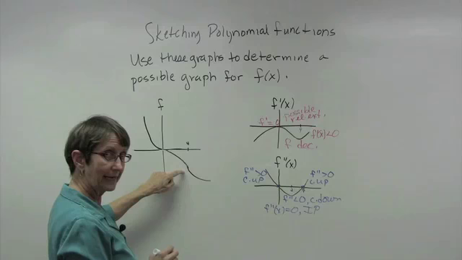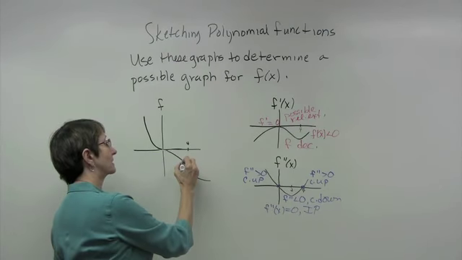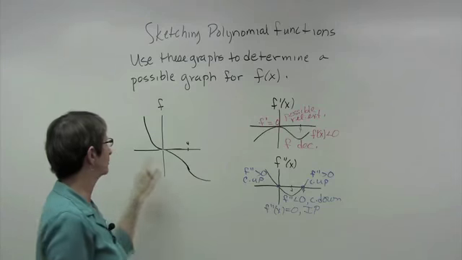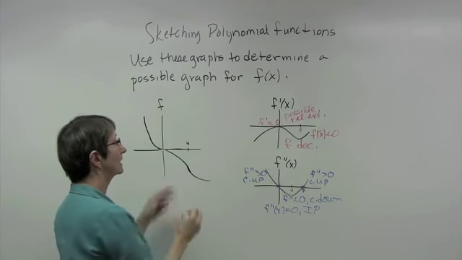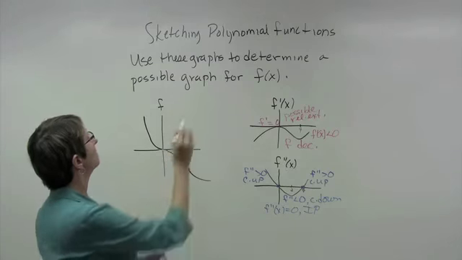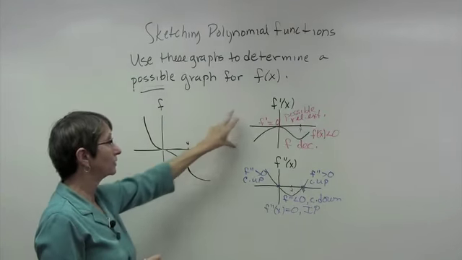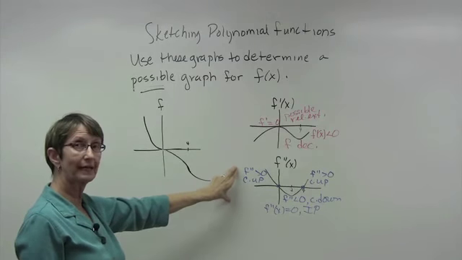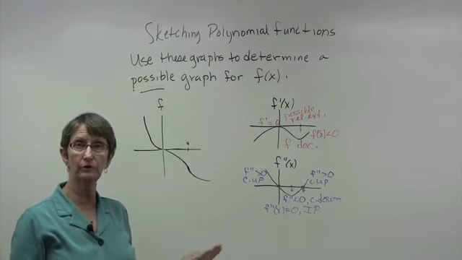It becomes concave down, another point of inflection, and concave up. And of course, this is a polynomial function, so it's all supposed to be a whole lot smoother than my little bumps in here. But this is how you can estimate a possible graph for a function using information from the first and second derivative graphs, just like we can from the first and second derivative functions when we know exactly what the numbers are.